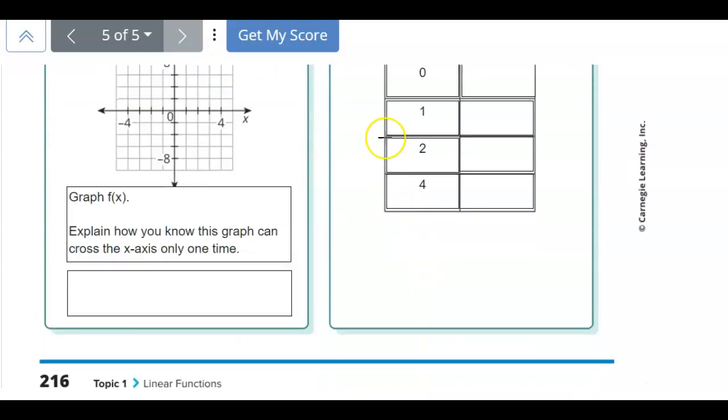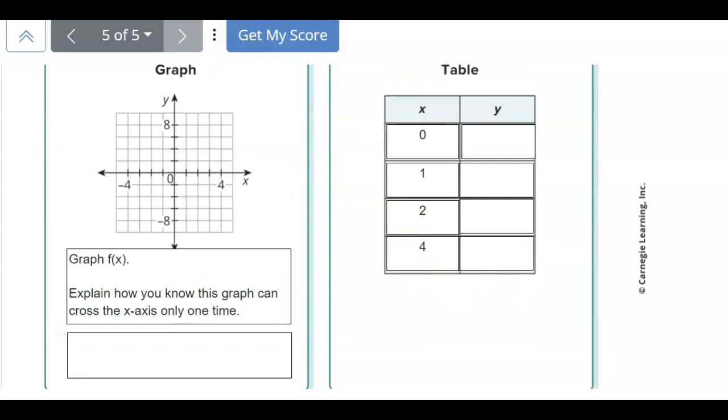So our function or our equation is the same. It's f of x equals 2x minus 8. And so to come up with this table of values, you're going to substitute these x's in the place of this x.